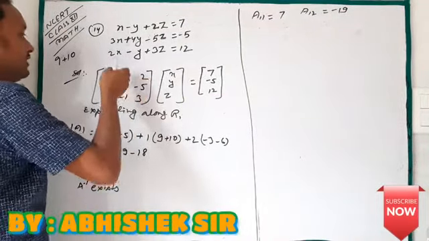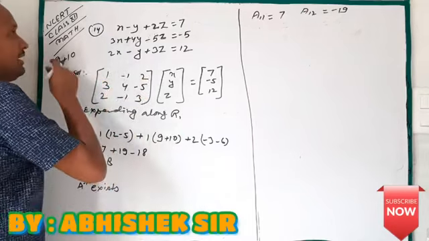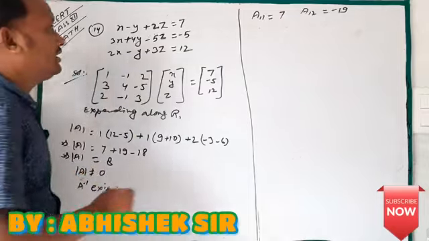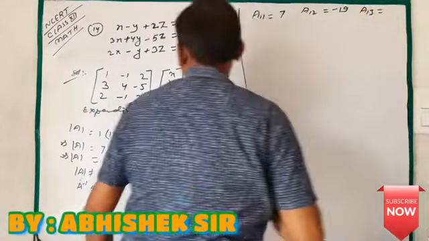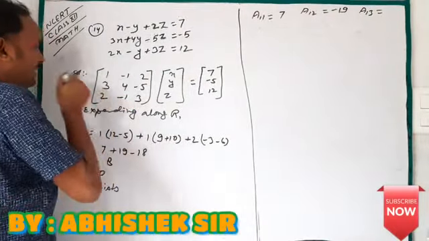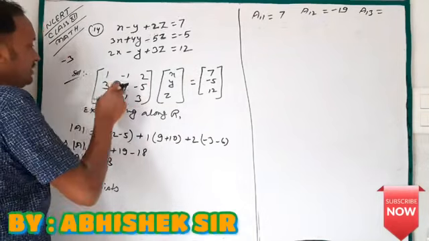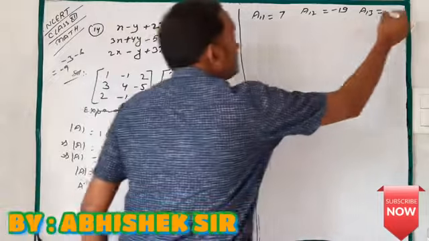First row, second column: 3 3 is 9, 5 2 is 10, 19. A13, what is A13? First row, third column: minus 3, minus 6, minus 9. This is minus 9.